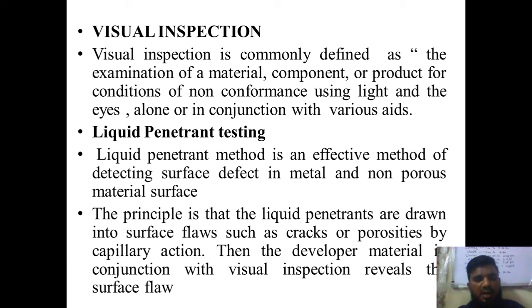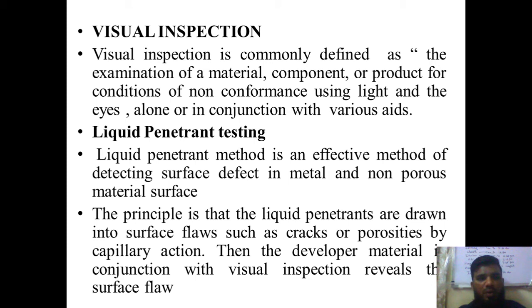Based upon the grain distribution, we can analyze whether the material is a good one or a bad one, and how much strength it can withstand. So we can analyze to some extent. Here we are using both light, that is the metallurgical microscope, as well as the eyes. Instead of that, if you are using only eyes, and just by observing you can say whether the material is good or not, that is visual inspection.